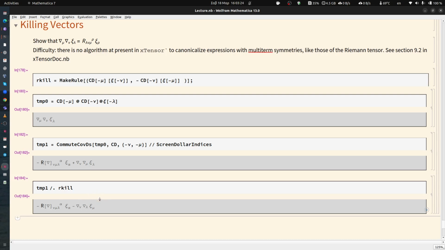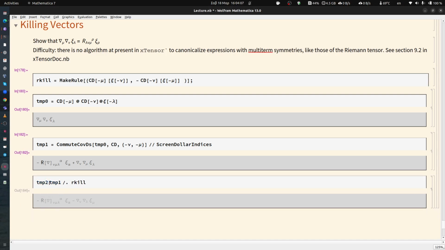Now the indices also, yes. So the indices mu lambda have changed order to lambda mu and have the minus sign here. So I call this expression TMP2.